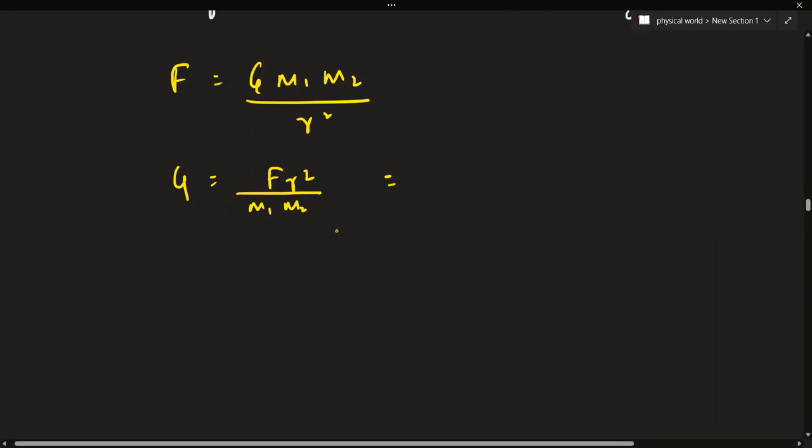What is the dimensional formula of force? Force is M L T to the power minus 2. R square will be square of length.